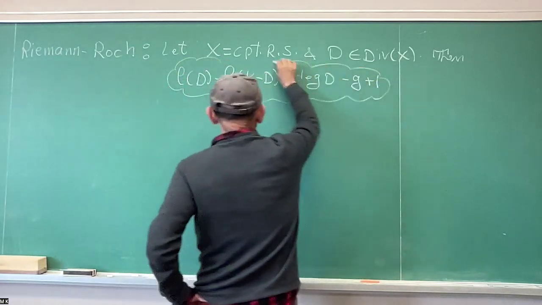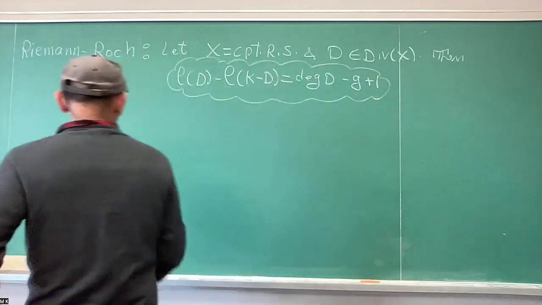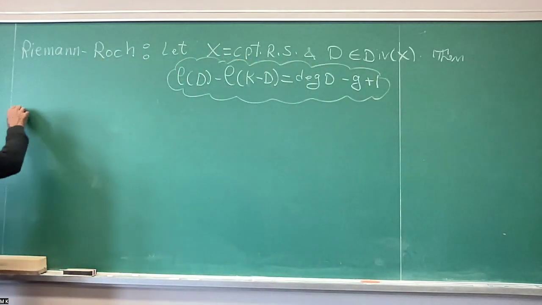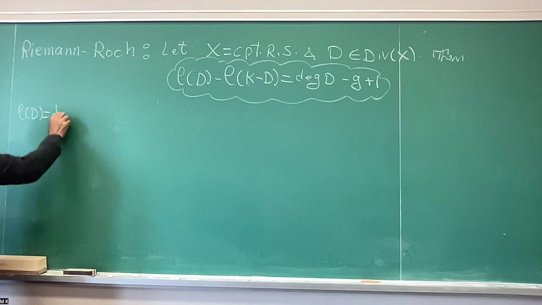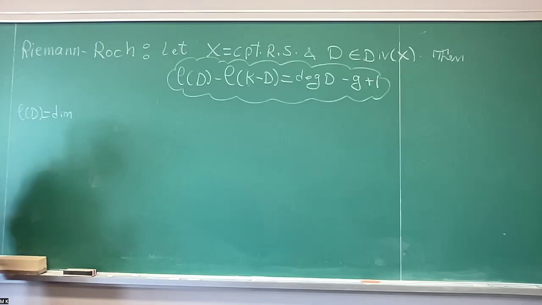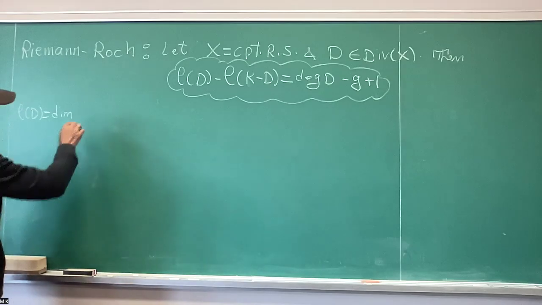So this is the formula where, let's see, L of D is the dimension of the space capital L of D, right?